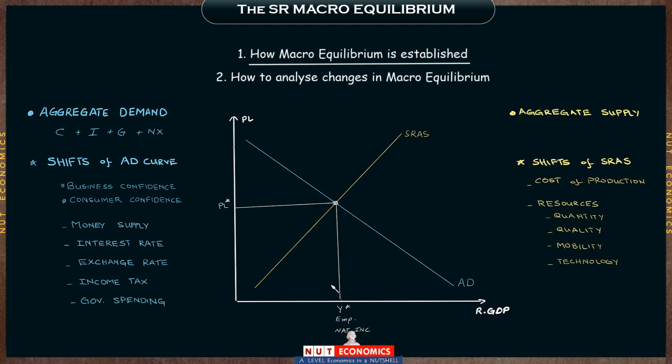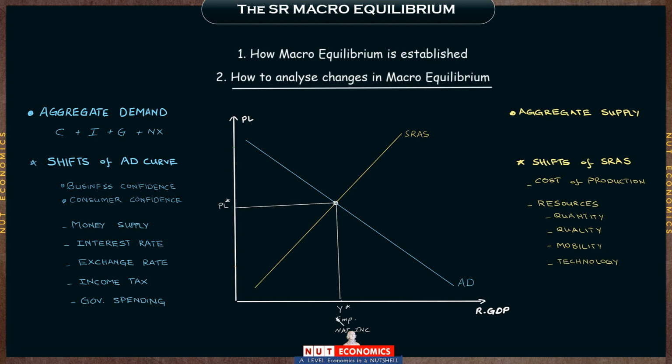But once we have the starting point, we can then start using this model of AD and AS as an analytical tool with which we can work out how this PL star and GDP star, and therefore employment and income in the economy, will change as macroeconomic conditions change.